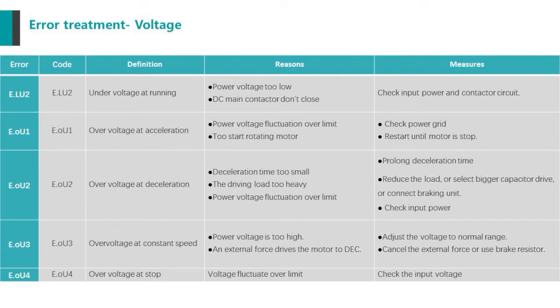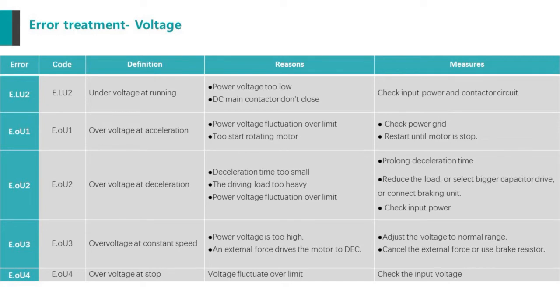The first kind of errors are voltage errors. There are low voltage and over voltage errors at running, stop, acceleration, or deceleration. For the low voltage and the over voltage fault, please check the supply power voltage or fluctuation at first, because if the supply power voltage is too low or too high, or the fluctuation is over range, you will find it displays this fault.